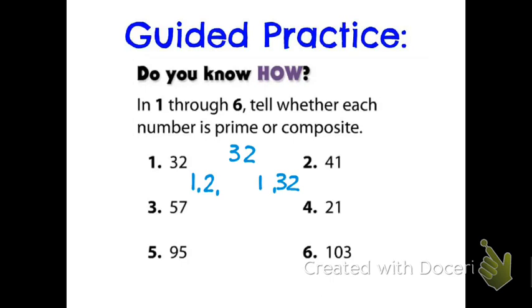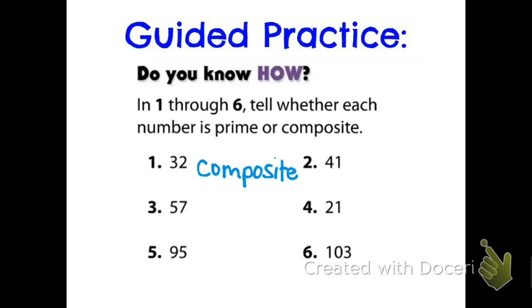Or you might already know that it will be 16, right? And then I look at 32. Does 3 go into 32? No. Does 4 go into 32? Yes, it would be 4 and 8. Well, does 5? No, it doesn't end in a 0 or a 5, and 6 doesn't either. So these would be all of my factors of 32, which again shows me that my number 32 would be composite.